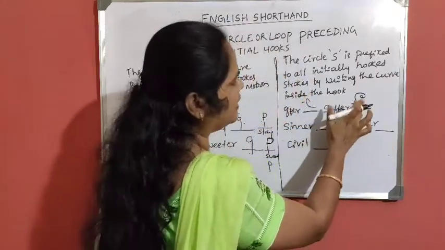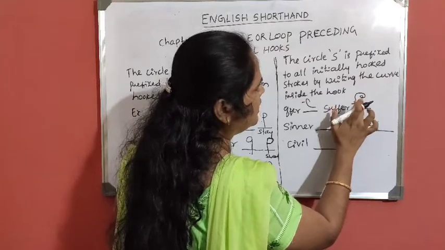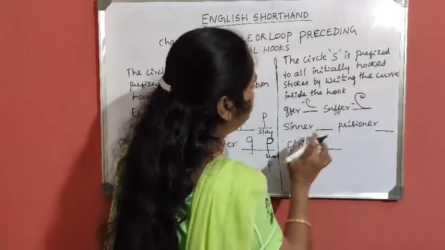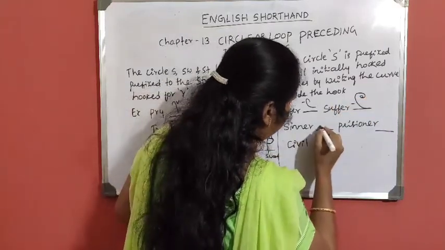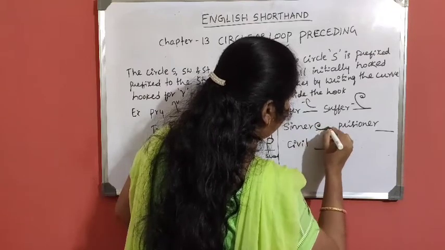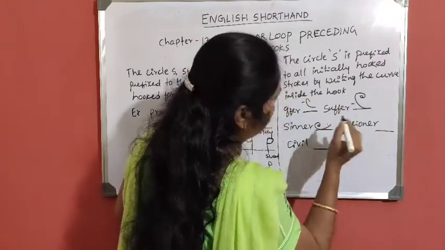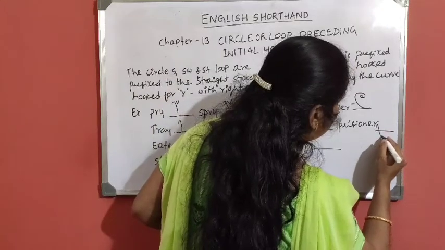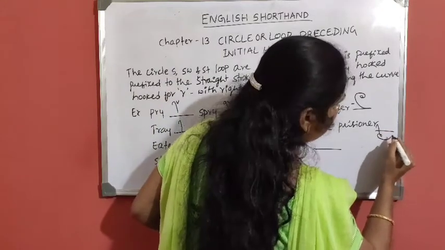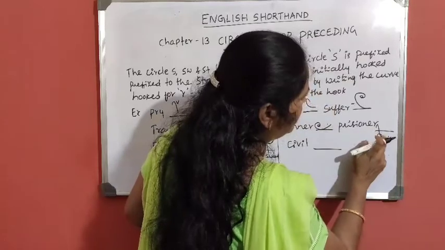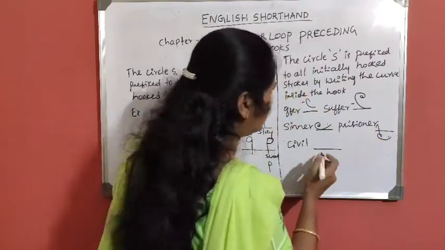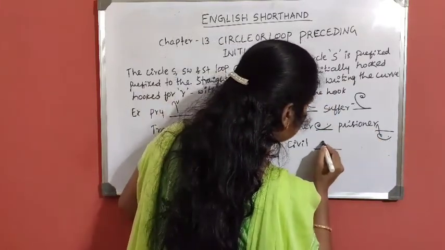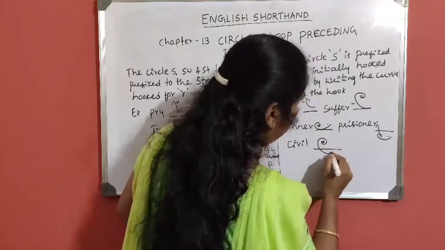See, clearly it shows the circle S plus R hook. Then sinner. Circle S plus R hook to N. Sinner. Then prisoner. P, then circle S, then R hook. See, here P circle is ner. Then civil. Circle is civil.